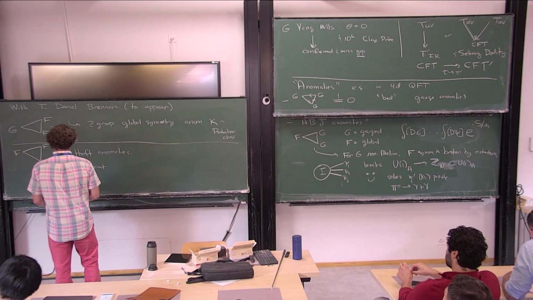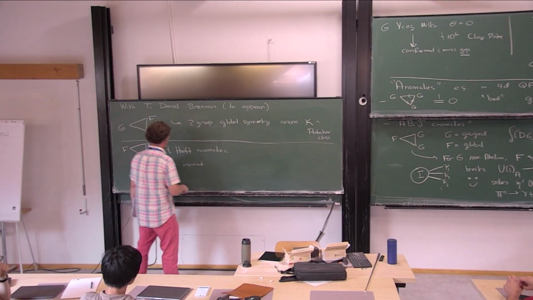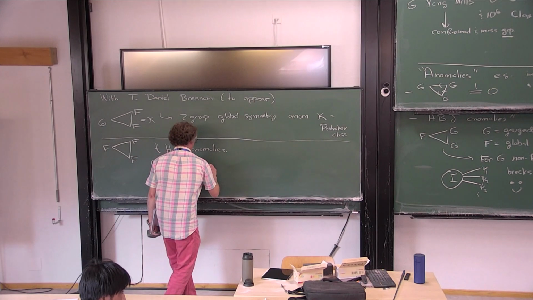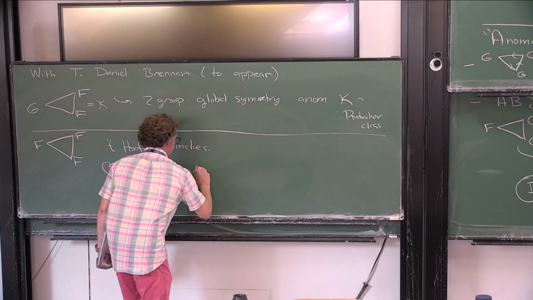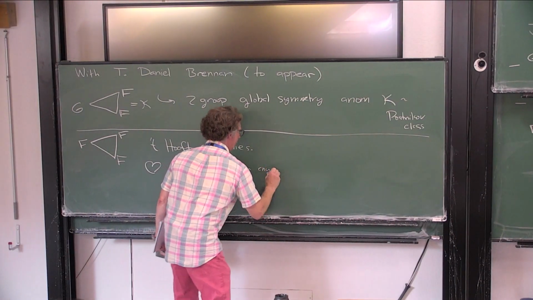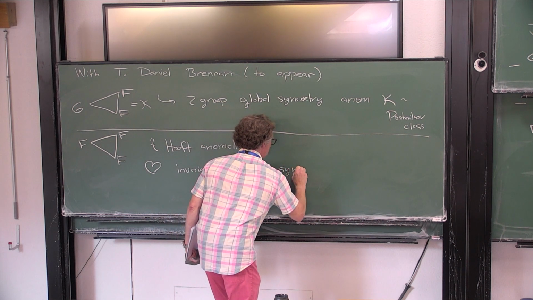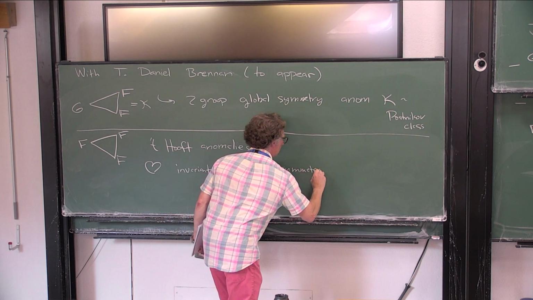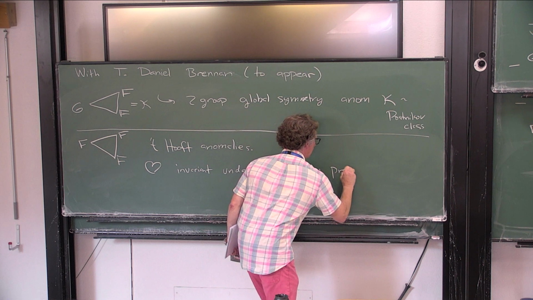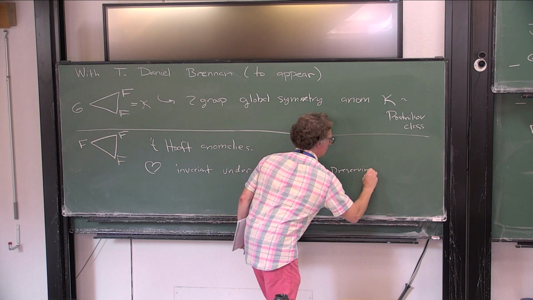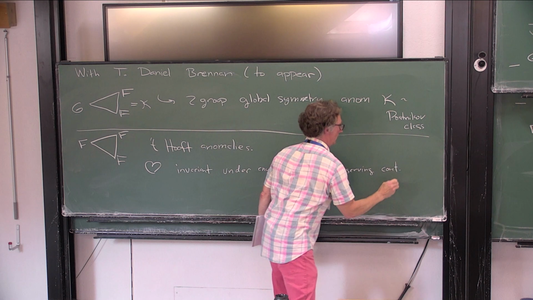Okay, so one thing nice about 't Hooft anomalies is that they're invariant under any symmetry-preserving continuous deformation.